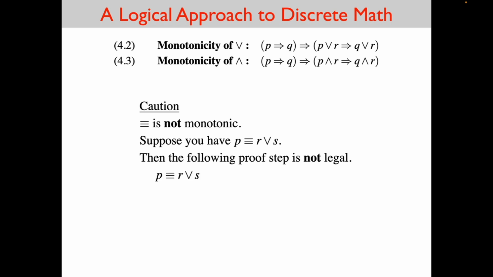You can't start with P equivales R or S, and say that this implies, by 3.76a, the fact that P implies P or Q, that P or Q equivales R or S. This is illegal, because equivales is not monotonic, you see.